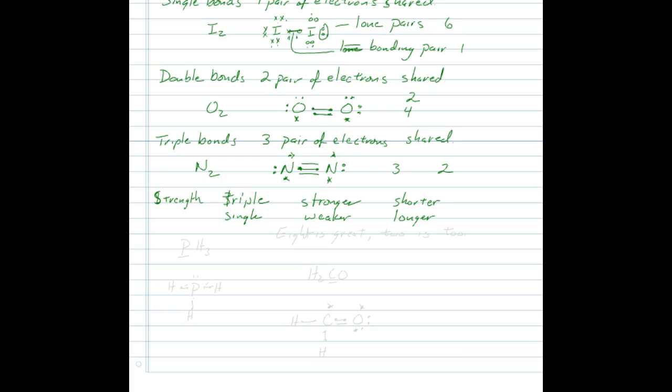Now a couple examples. PH3, and I'm going to underline the P because that's the center atom. So you have P has 5, it doesn't matter where they go. H has 1 valence electron, so you got to face them towards each other so that they can bond.